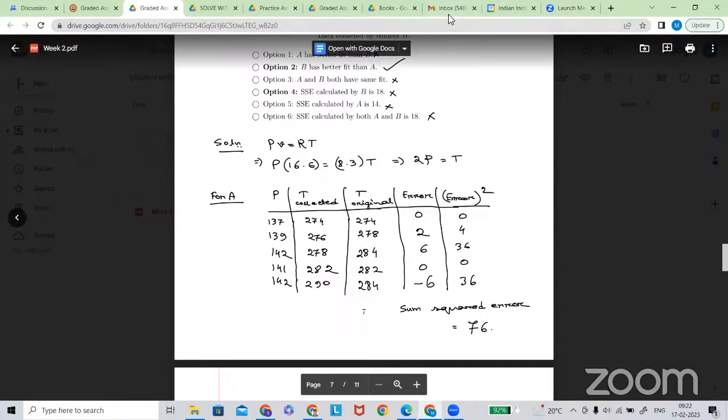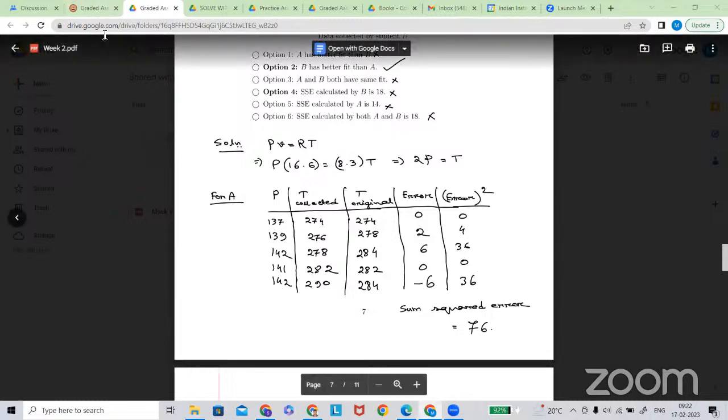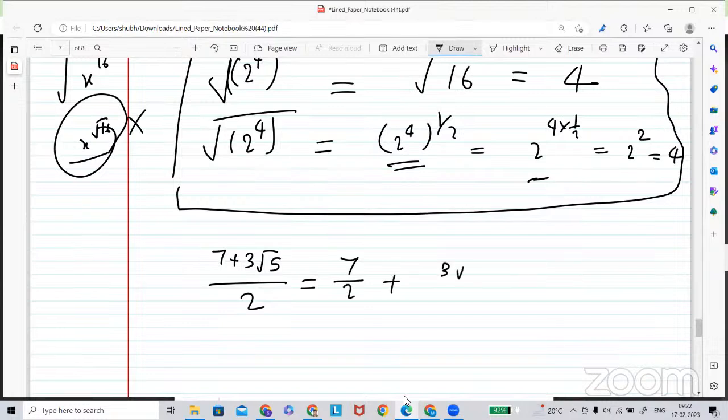Okay, so anyone else have a doubt? Yes, sir. Can I ask? Yeah, Abhishek. If we write 7 plus 3 root 5 divided by 2, is it rational or irrational?